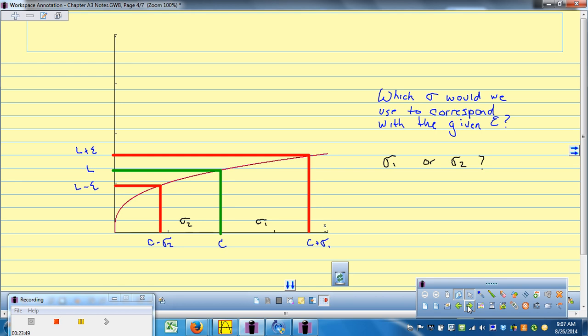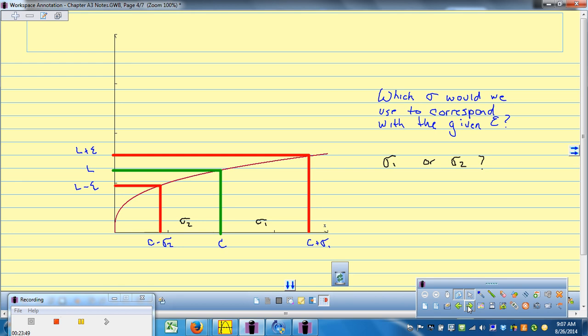You would choose delta 2, the smaller of the two. Does that work on both sides? So when I come over here, delta 2, go up and over, am I in the green zone? No. So clearly, 3 is not the limit as x approaches 2 of g of x. It does not fit in our definition.